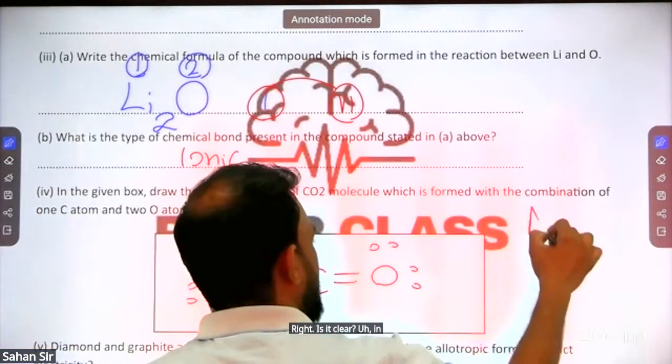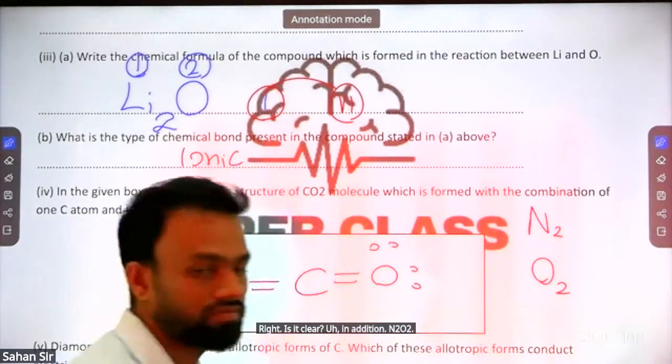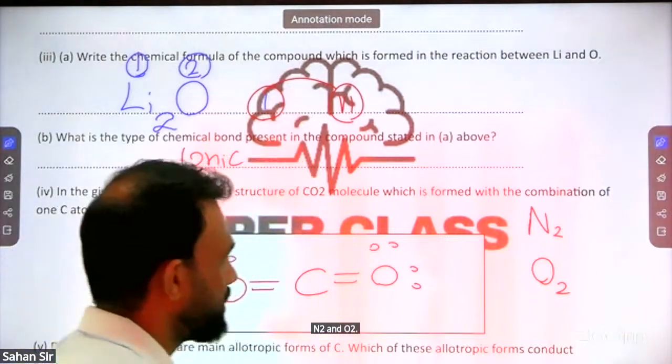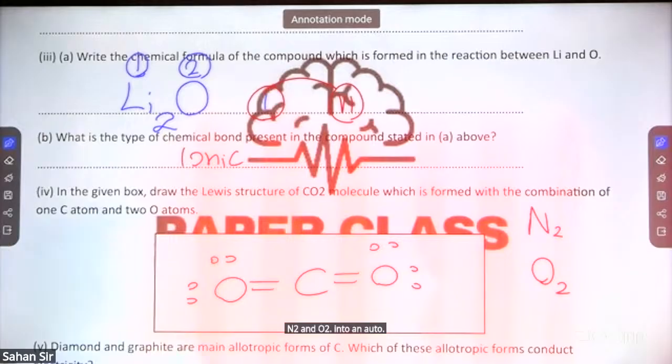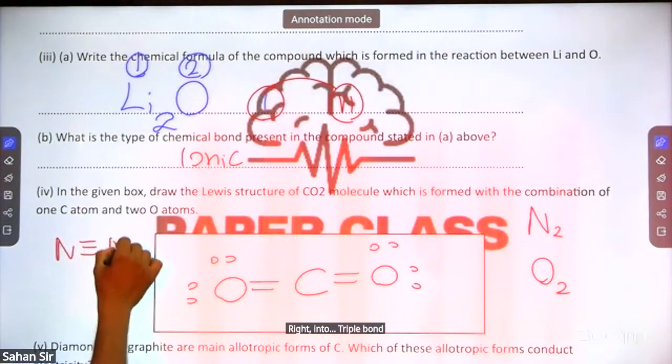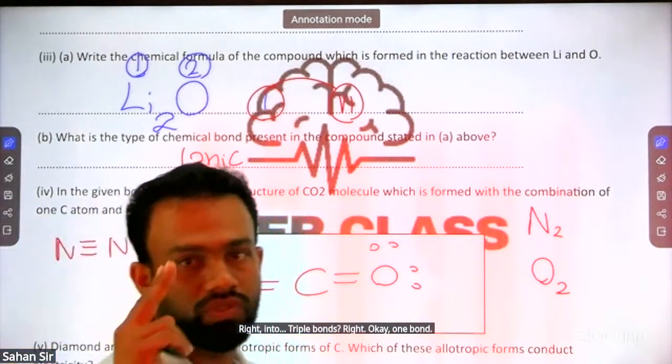In addition, N2 and O2. Right, N2 has a triple bond. One bond represents 2 electrons, right?